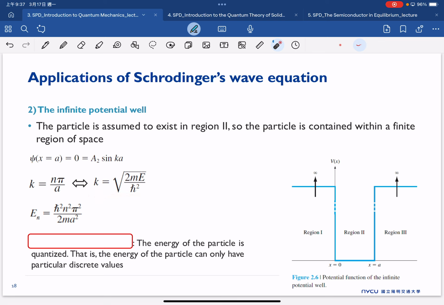Therefore, we can start to have the energy expressed for different n. The n is a discrete number, so this equation tells us that we start to have quantization of energy.